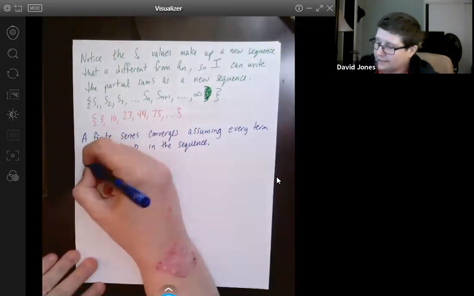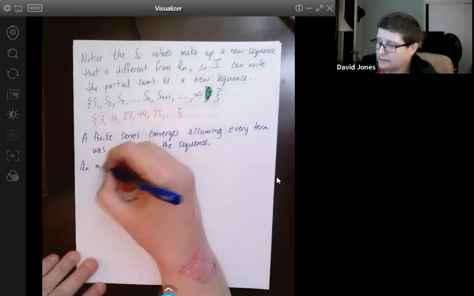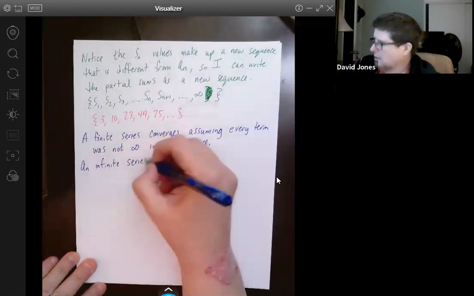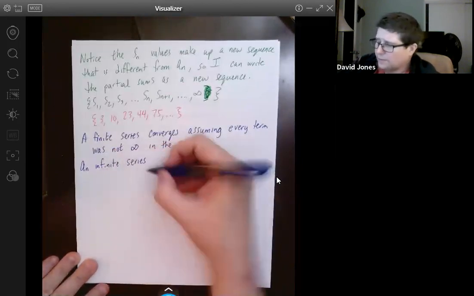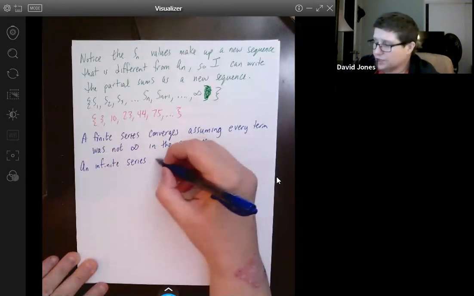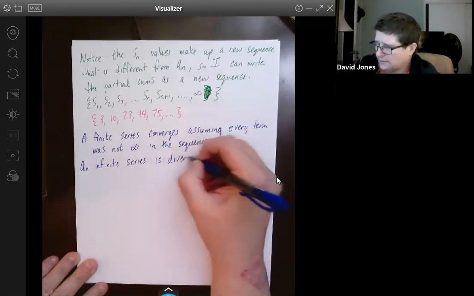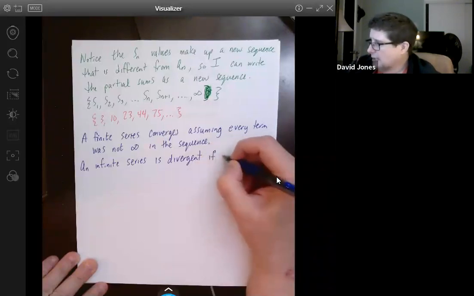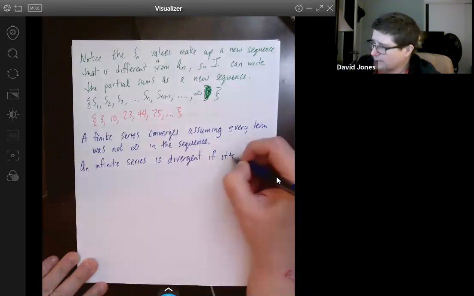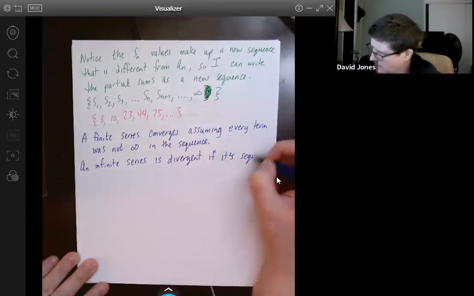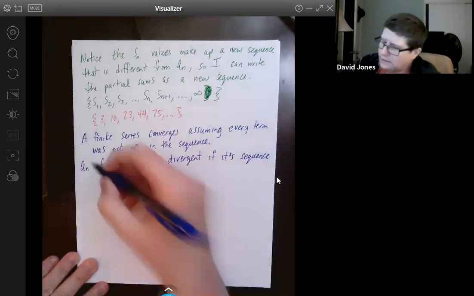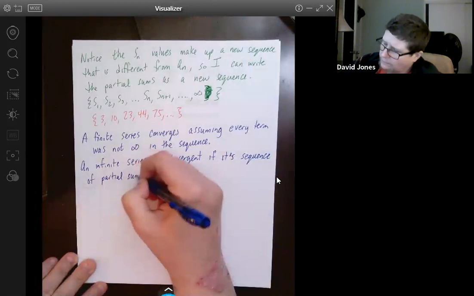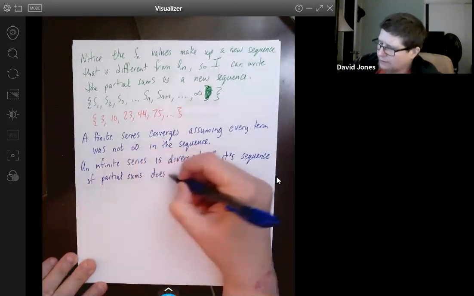So an infinite series, let's talk about it going two ways. It's divergent if its sequence of partial sums does not approach a real number.